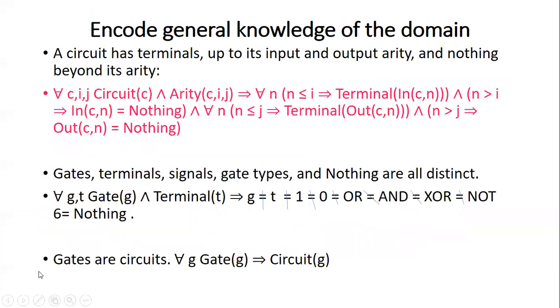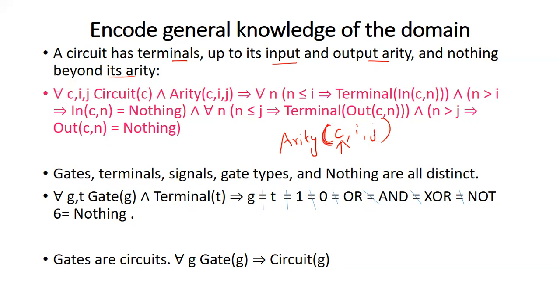Okay, next. A circuit has terminals up to its input and output arity and nothing beyond its arity. Here arity represents the maximum input and maximum output. For example, when you say arity of C comma I comma J, C is a circuit. Sometimes it may refer to the entire circuit, or it may also refer to a specific gate, so it depends, right?